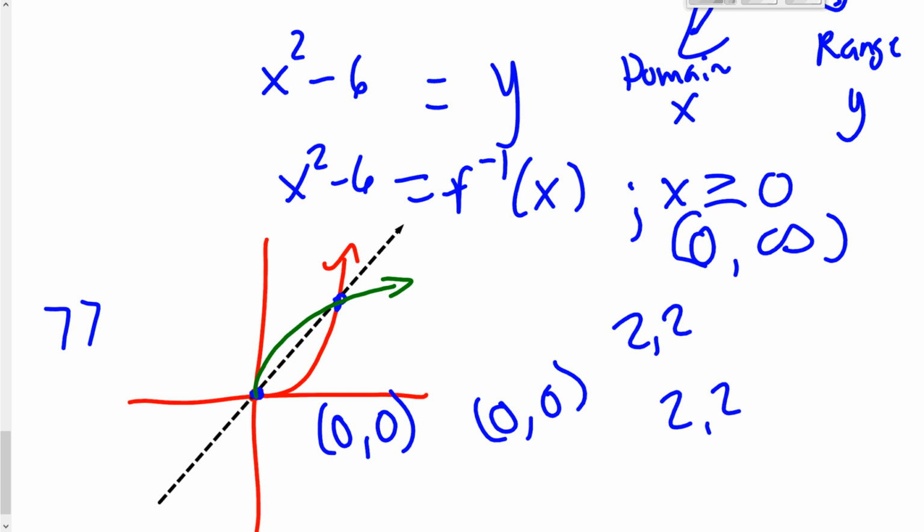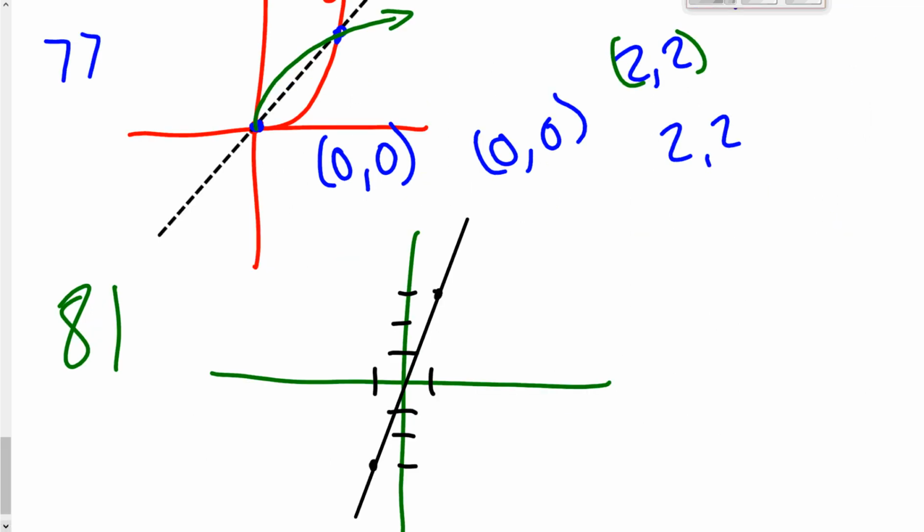And if you had paper, you could better see how it folds along that line. You might be able to look for closer points that can help you flip those. These two were exactly the same, so it's kind of hard. But you flip it over that line, you fold it about that line, and you can see this is half of a quadratic, so that means it's 1 to 1 because it's only half. That means the inverse would be the principal square root, and that is also going to be 1 to 1.